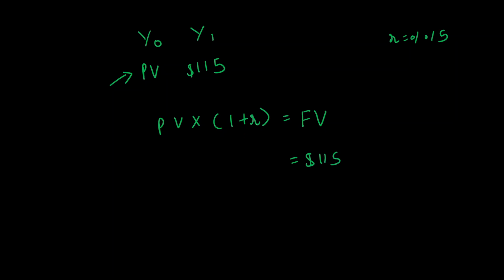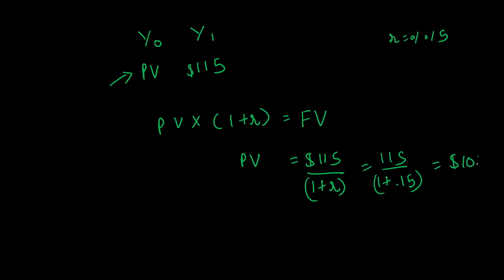We know R, so we can easily calculate the amount of money that we are supposed to be depositing today so that we get $115 1 year from now. So your PV just comes out to be 115 divided by 1 plus R, which is equal to 115 divided by 1.15, and that's equal to $100. That is the present value of investment, exactly what we expected it to be.